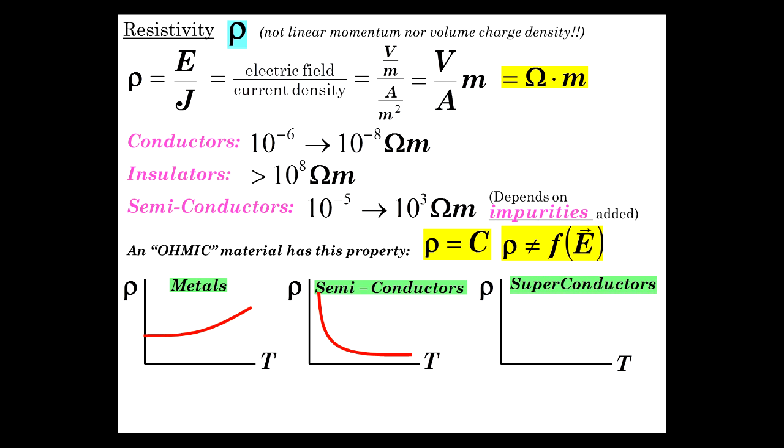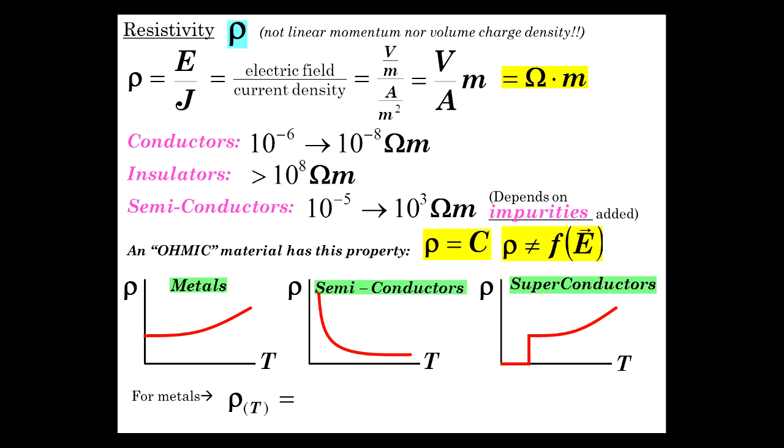And then we have superconductors. Oh, that's exciting. Superconductors have this unique characteristic where there's no resistivity at very low temperatures, and all of a sudden there's a unit step change and it suddenly has resistance, and then it acts basically non-ohmic like a metal typically, and goes up with temperature.